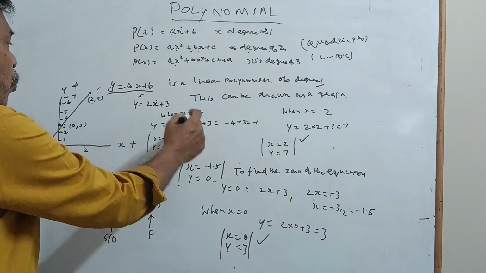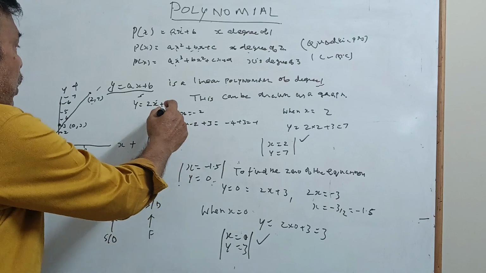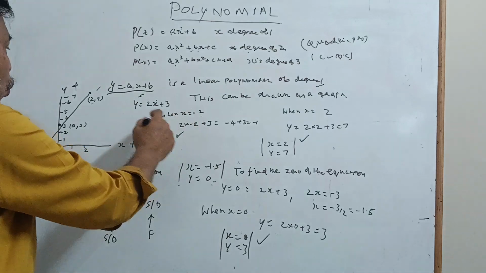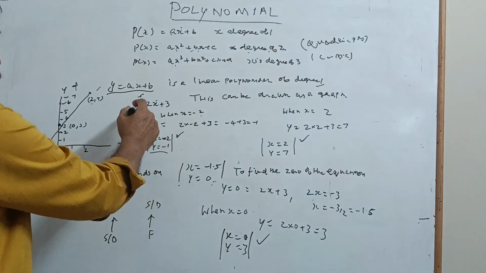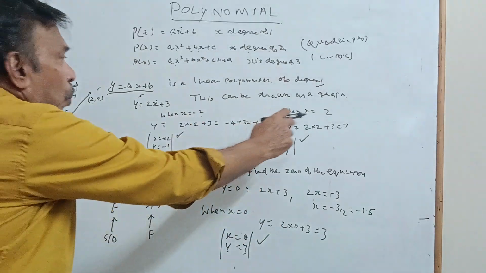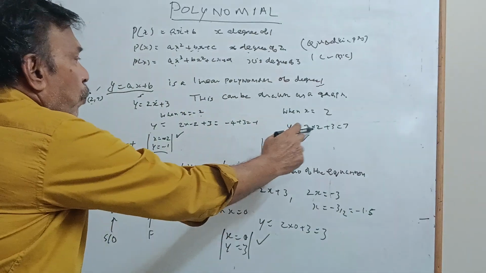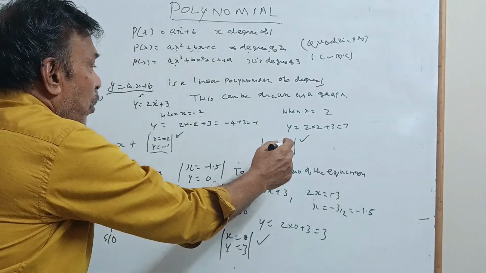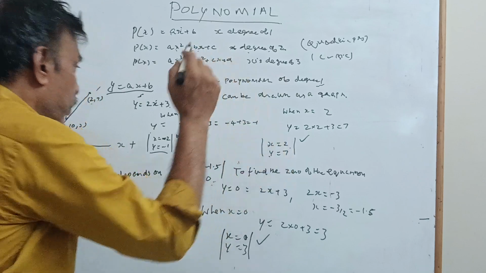So 2 into minus 2 becomes minus 4 plus 3 equal to minus 1. So when x is equal to minus 2, y becomes minus 1. Now when x is equal to 2, 2 into 2 is 4 plus 3, y becomes 7.